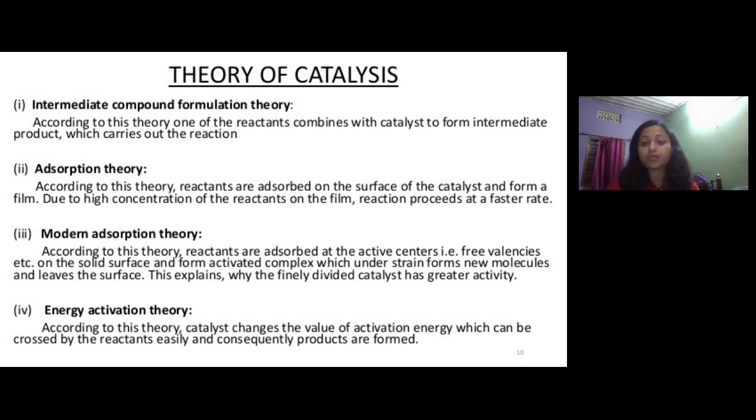This explains why finely divided catalyst has greater activity. Then activation energy theory explains, according to this theory, catalyst changes the value of activation energy, which can be crossed by the reactants easily, and consequently products are formed.